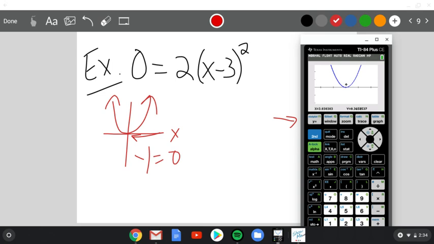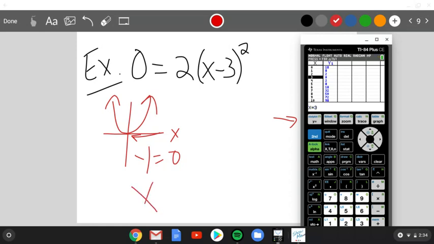So what we're looking for is a point where the y value is 0. So second, and I push the graph button. And if I look at my table, where y is 0, the x is 3. So that helps me also see that the x was 3.